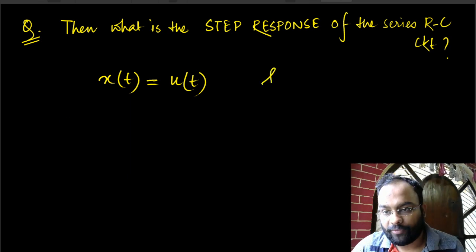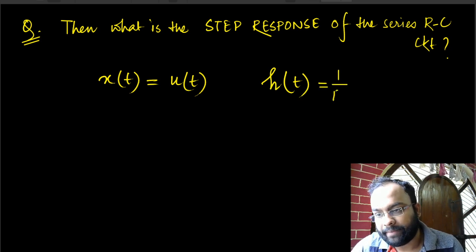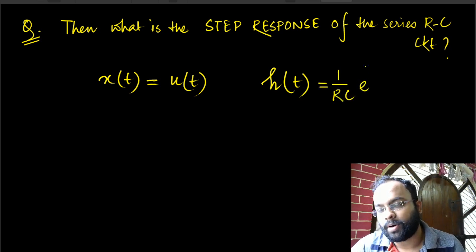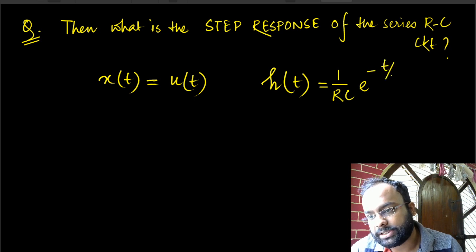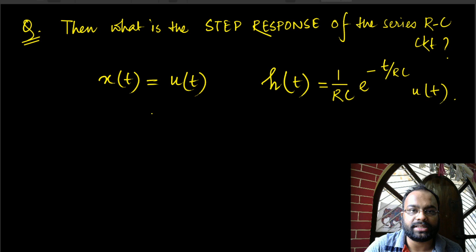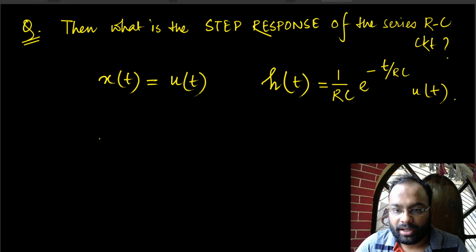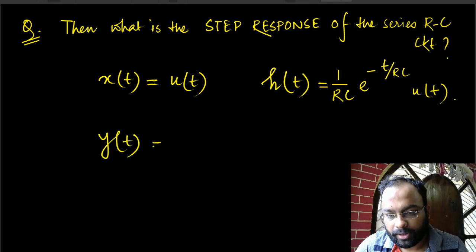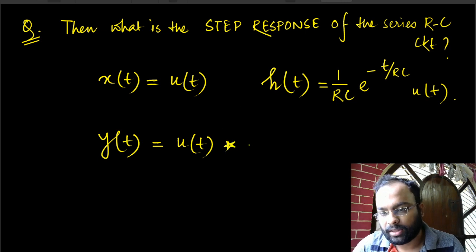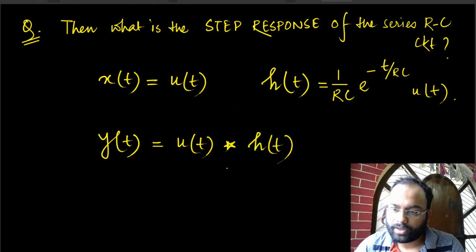We have the impulse response of the system as 1 by RC e to the power minus t by RC u t, and in order to find the step response of the system, that is when the input is a unit step, what is the output? If I want to calculate that, the output would be u t convolved with h t.